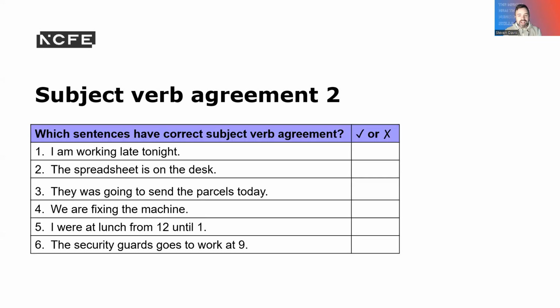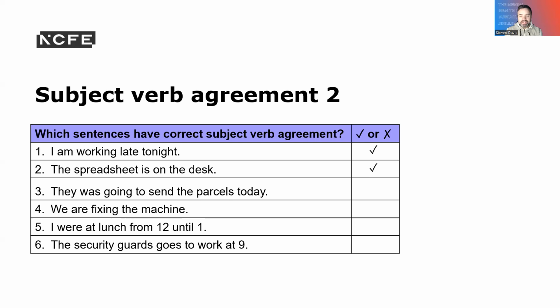Which sentence has the correct subject-verb agreement? So which one reads correctly as we're reading it? I am working late tonight. That sounds all right to me. The spreadsheet is on the desk. Again, sounds all right to me.